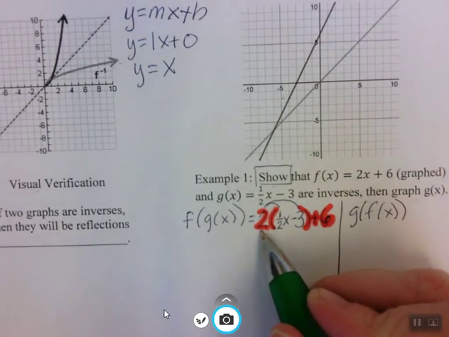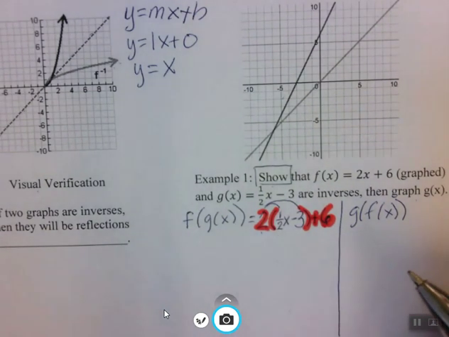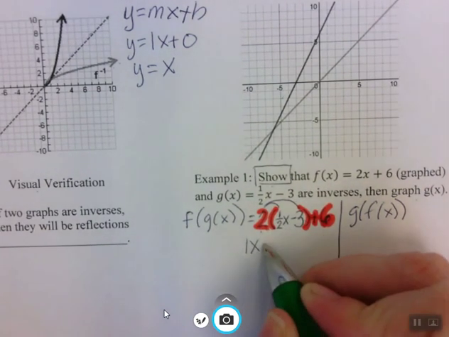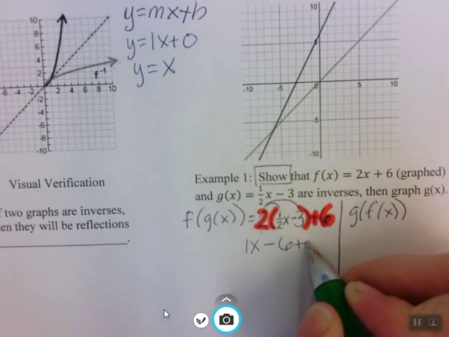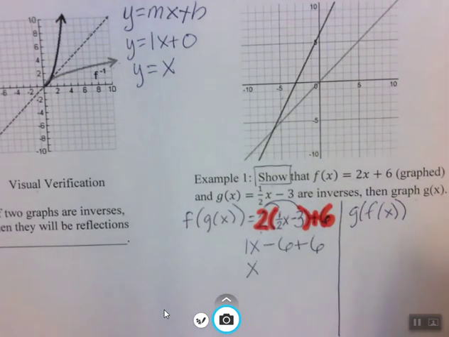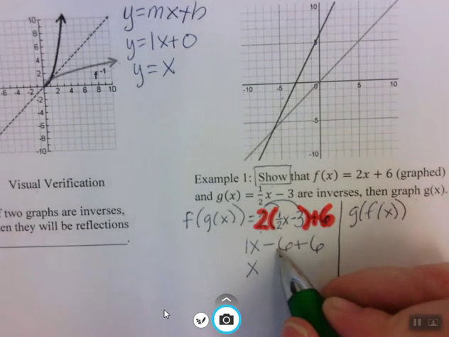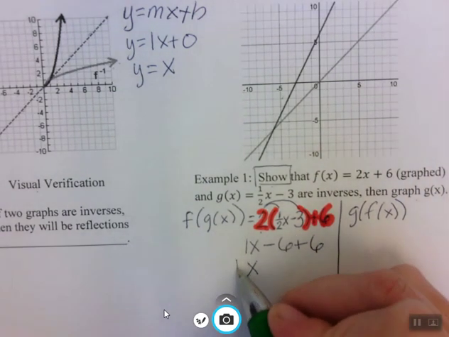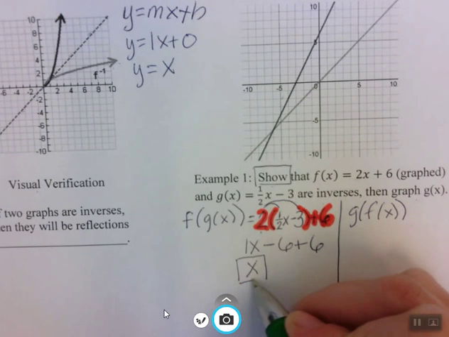Does anybody know 2 times 1/2 what you get? 1. Good. So this is 1x, and then 2 times minus 3 is minus 6. Can't you just put x? Yes, you can just put x. That was a good suggestion. Plus 6. So that's going to give you x. What about minus 6 and plus 6? They just cancel, right? Good. So your answer is x.